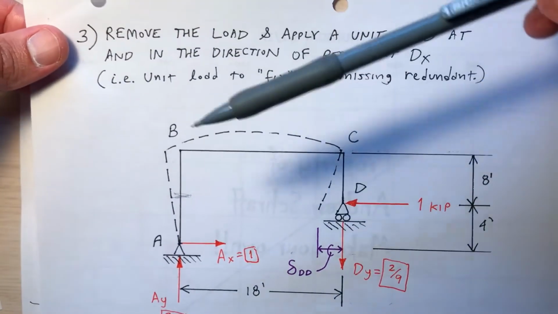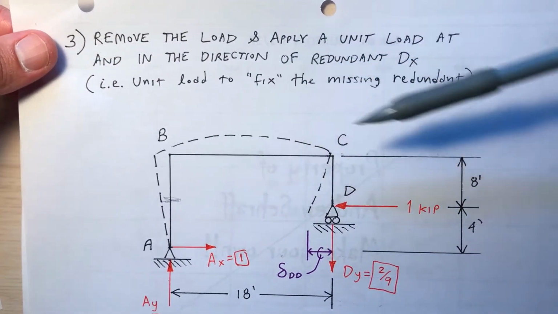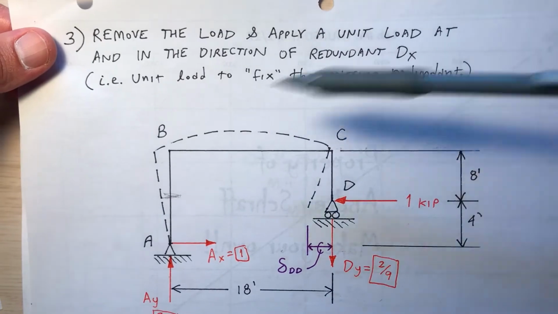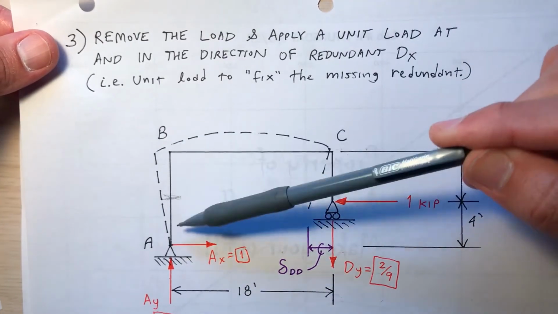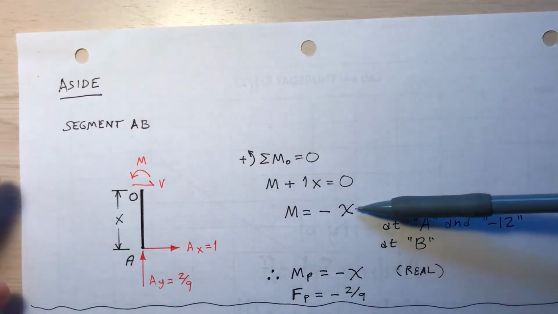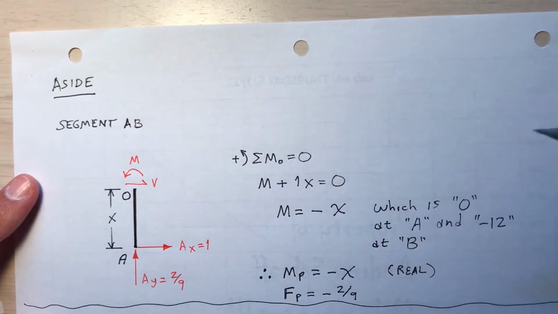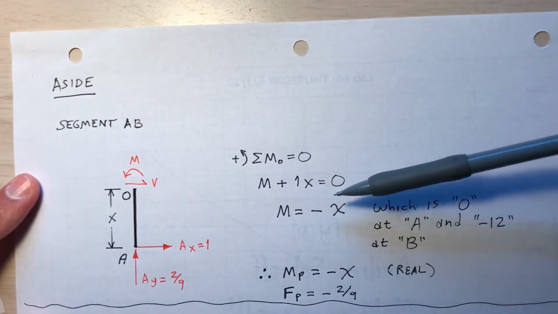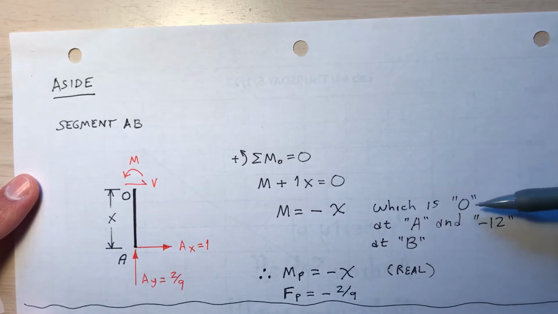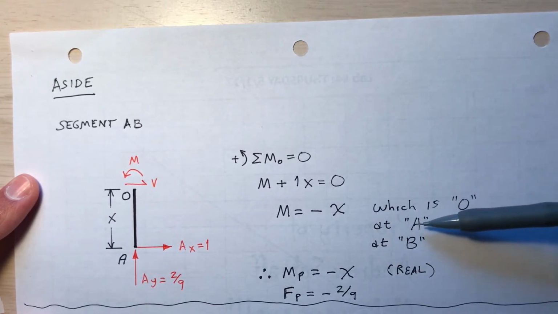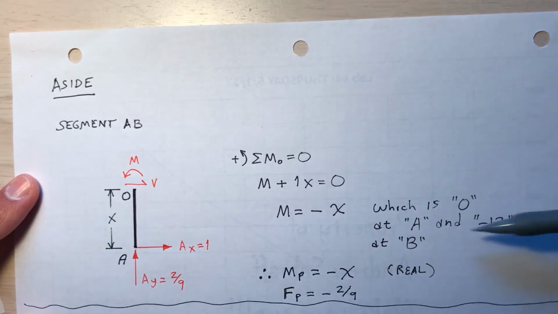Point B is a distance 12 feet from A, so if you replace x with 12, you get negative 12. So the expression for the bending moment in segment AB is negative x, the value of which is 0 at the bottom, point A, and negative 12 up at point B, which is the top.